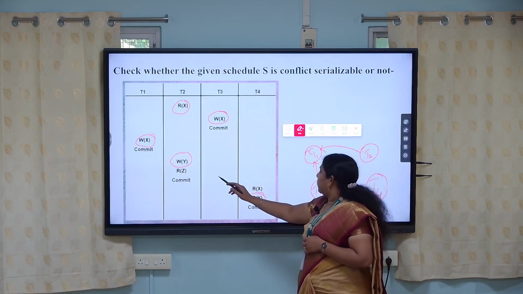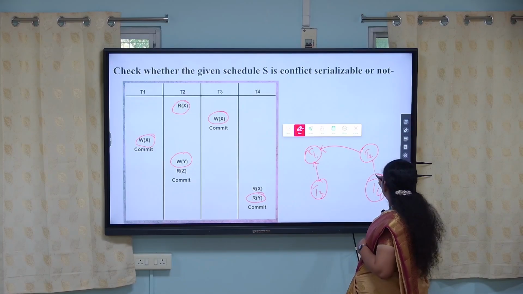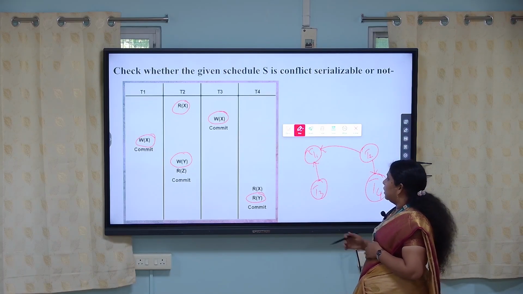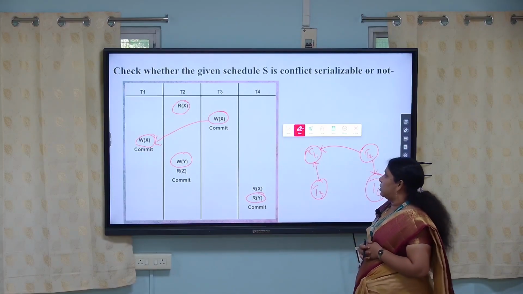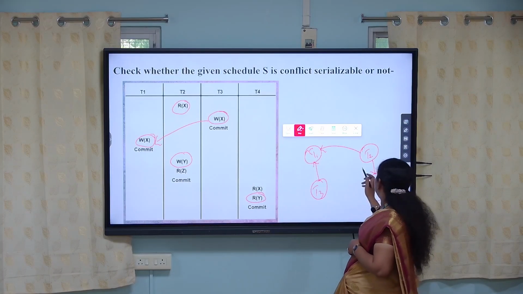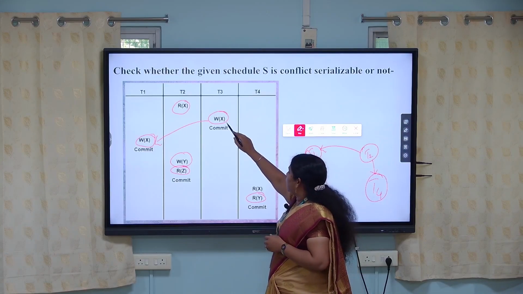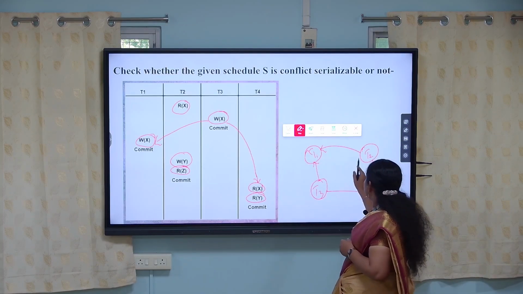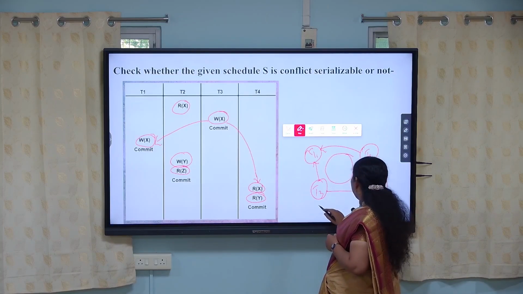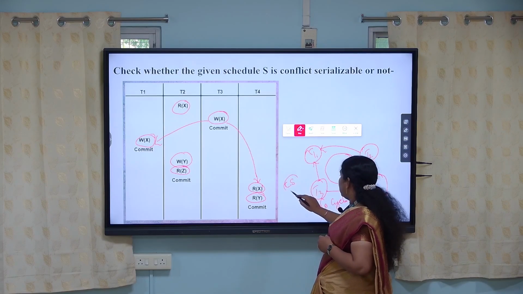Similarly, the write operation from T2 to T4 is also a conflict, and from T3 to T1 is also a conflict. Similarly, from T3 to T4 is also a conflict. This kind of schedule does not form a cycle. When no cycle is found, the schedule is said to be conflict serializable.